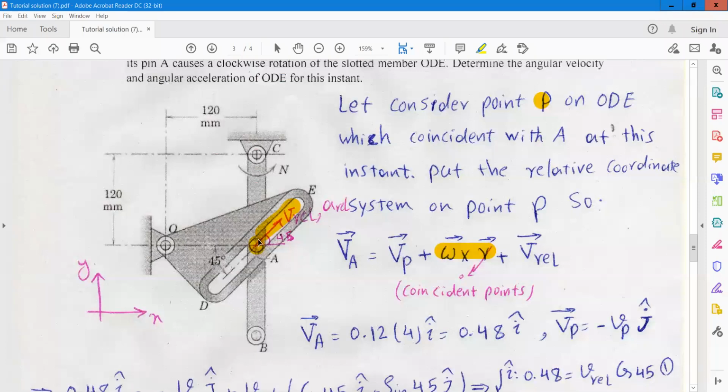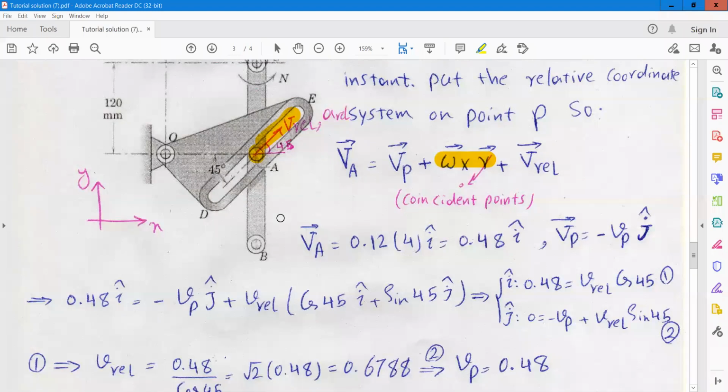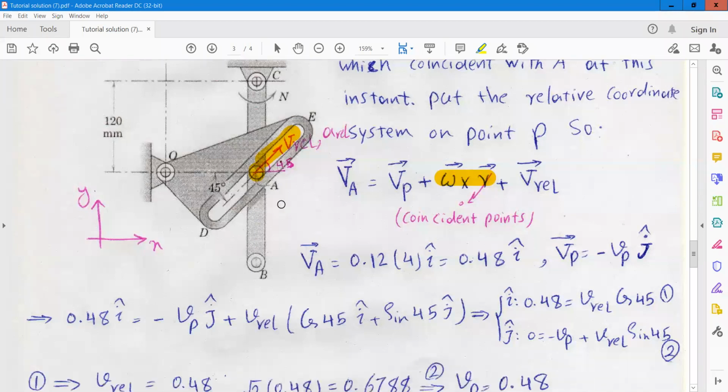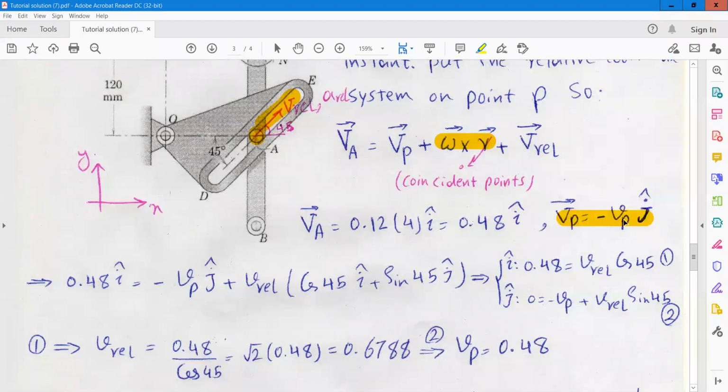We know that pin A is located on link CB, and we have its angular velocity, so you can obtain the velocity of point A. At this instant link CB is rotating in the counterclockwise direction, so link ODE will rotate in the clockwise direction. So we can find the direction of VP using the direction of the angular velocity. When you substitute here, we also have the direction of the relative velocity.